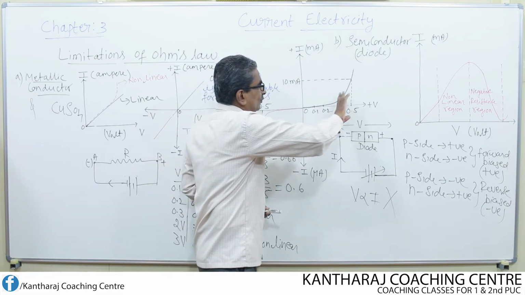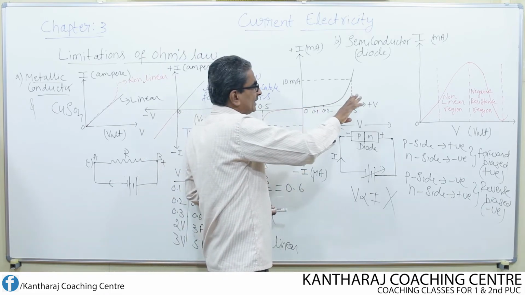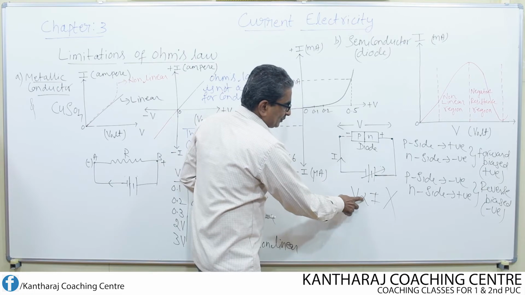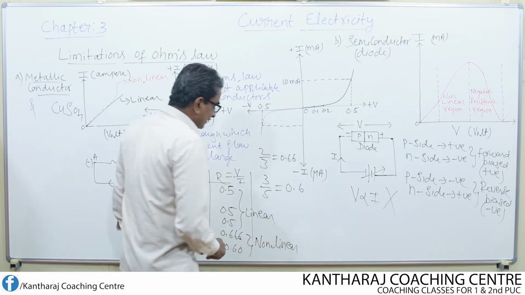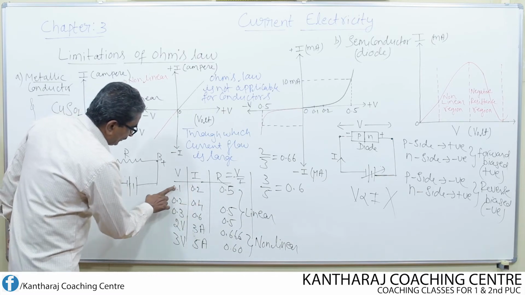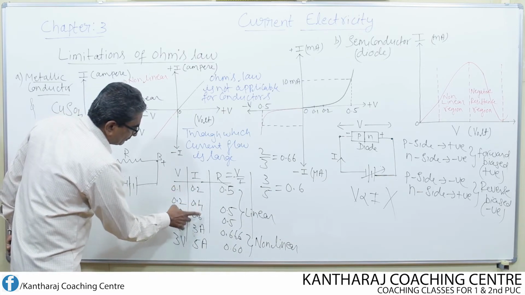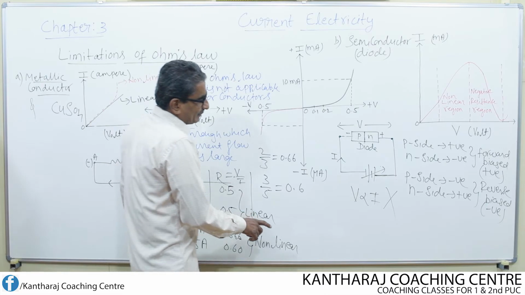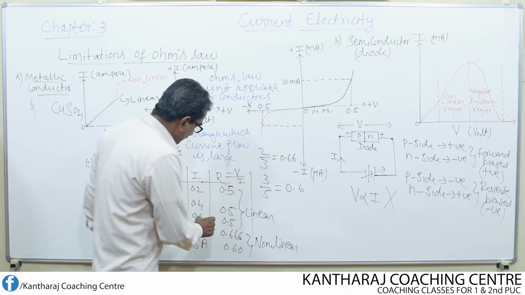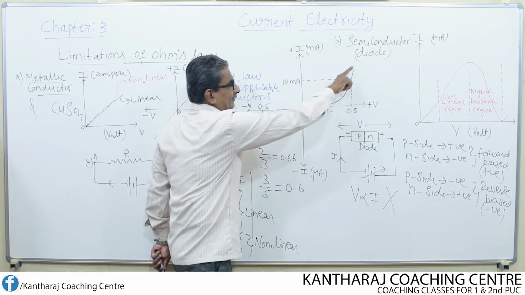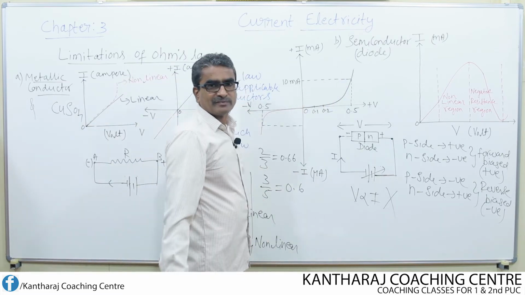But for all these voltages, I is not proportional to V. See, linear variation means it will be like this: if you increase the voltage, the current also increases proportionately. Here, by increasing the voltage, the current is not increasing proportionately. That's why we are getting non-linear variation.